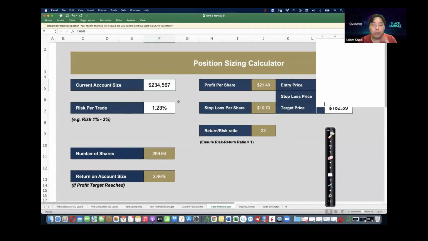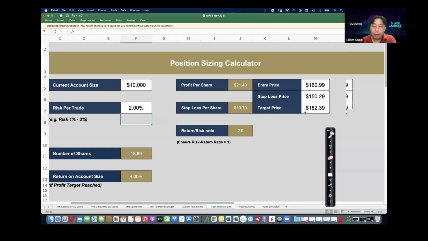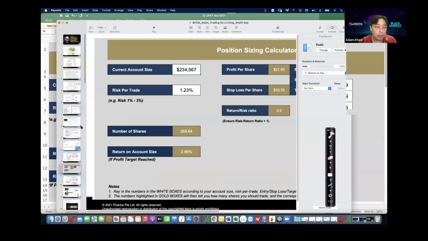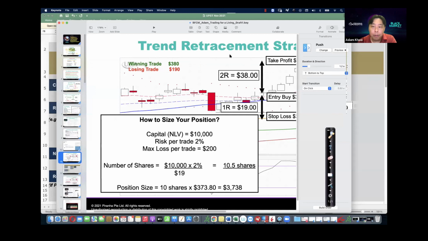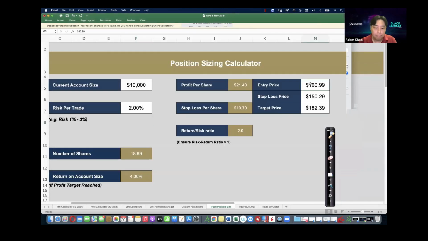So what you've got to do is put in your capital. Let's say your capital is 10,000, and you're risking 2%. And you key in your entry price. So what was our entry price again? From the slide, entry price was 373.8, correct.